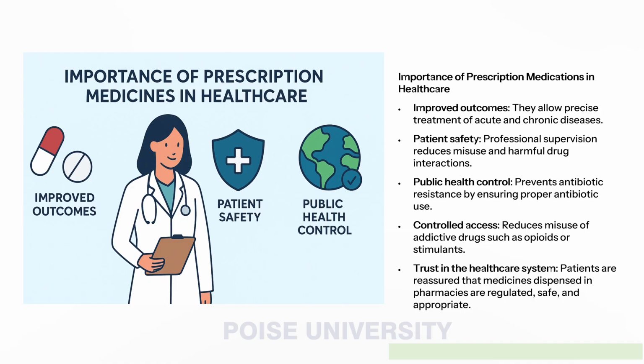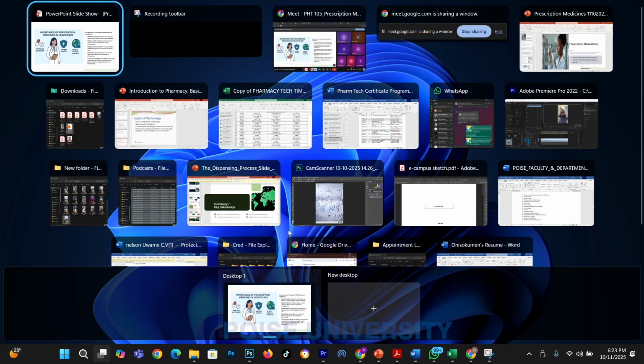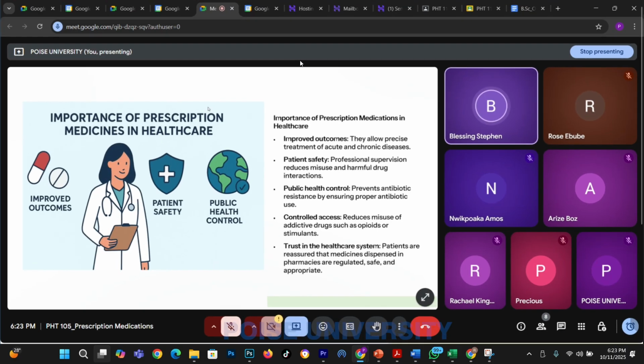Maybe because they feel the quality is better, the drugs are regulated, they are safer. So generally, the healthcare system has to provide an environment where people feel that the medicines they are taking are safe, appropriate, and regulated.